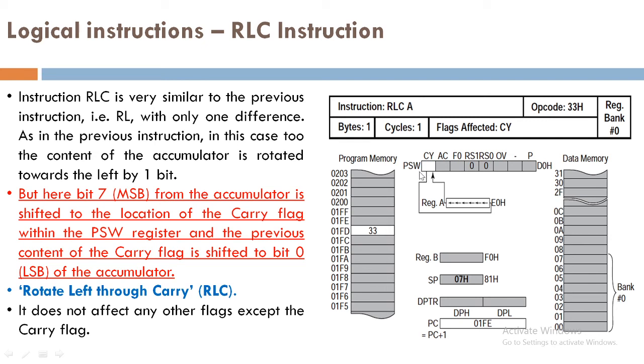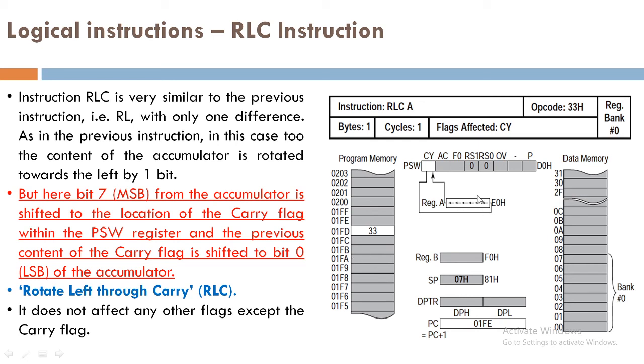So the most significant bit inside the accumulator will be pushed to the carry flag, and the carry flag content will be pushed to the least significant side of register A. And if you push RLC into a loop, you will be able to rotate the bits one by one towards the left and through the carry.